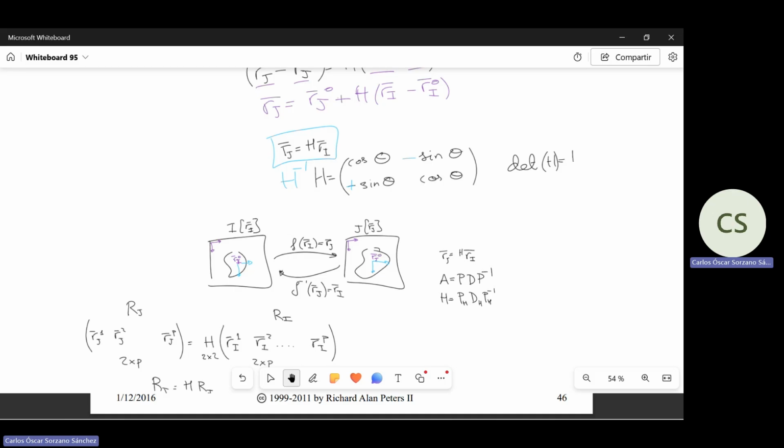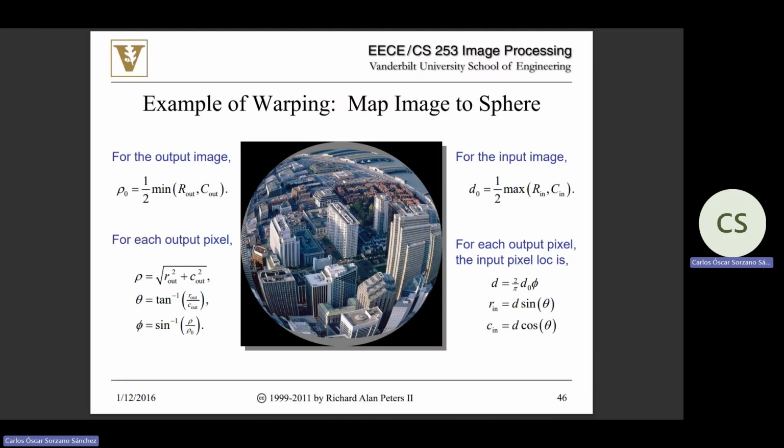This is the same as we did before, but the ones we have explained so far were very simple ones, just linear transformations. This example is a non-linear transformation, and it gives you a lot of power. If you know how to make these transformations, then you can simulate how that image would be seen in this sphere.